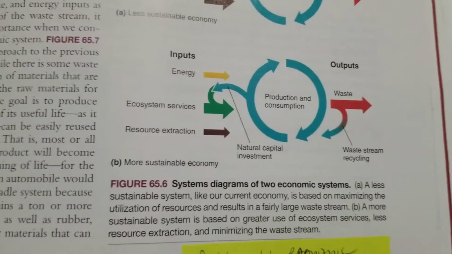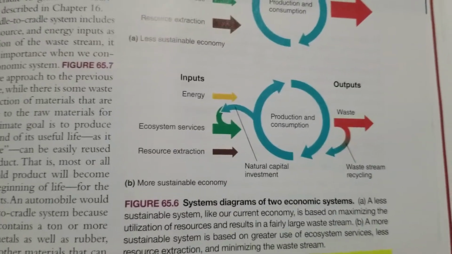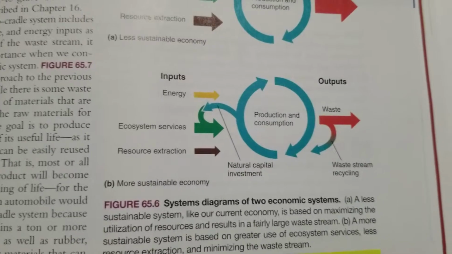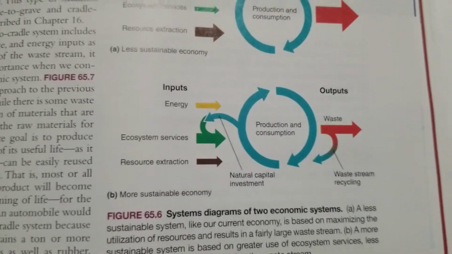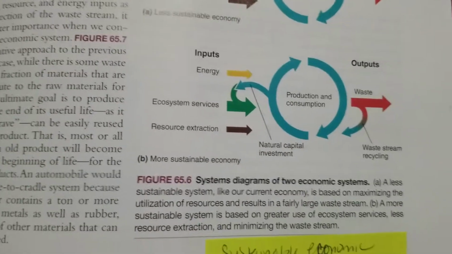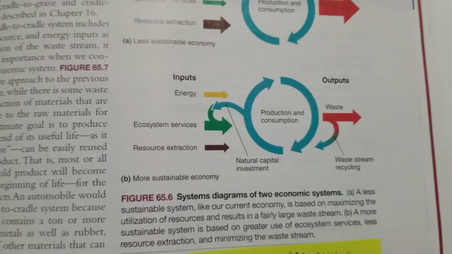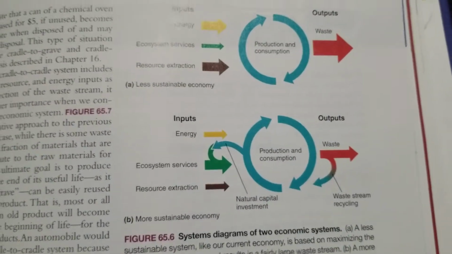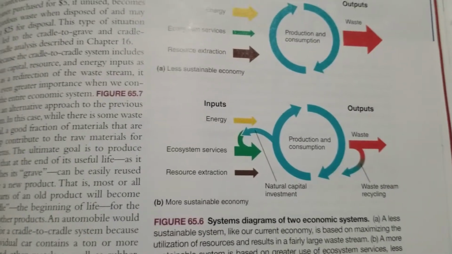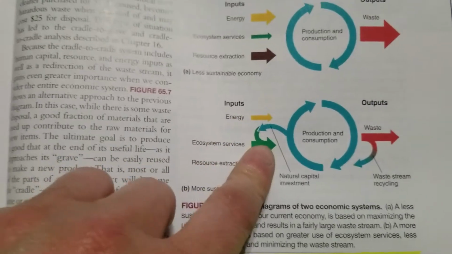And then the more sustainable economy, which I will mention in the sticky note in a minute. Notice how there's more of a cyclical flow, it's more recycling, that kind of stuff. So small amount of energy going in, small amount of resource extraction, large ecosystem service, and we are benefiting the ecosystem service because it's going right back in, as you can see right here.